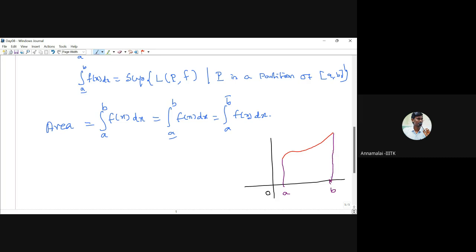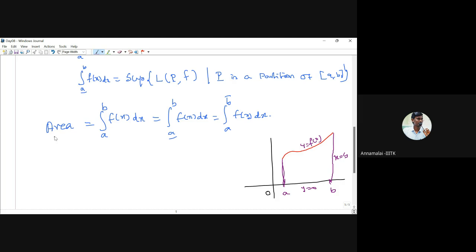Now the area of this region we denote by the integral from a to b of f of x dx. So it's bounded by the curve. This is the line x equal to a, and here this is the line x equal to b. This line is the x-axis, the line y equal to 0, and this is y equal to f of x.